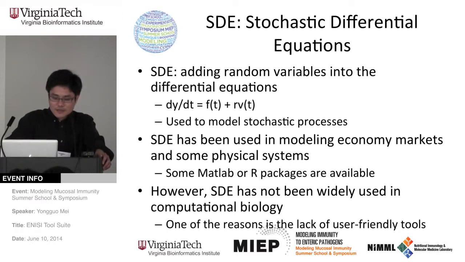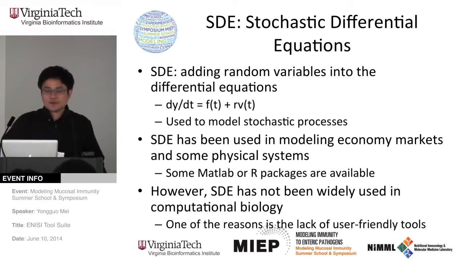That's stochastic differential equations. You can see the first part, dy/dt equals f(t). That's just an ODE, right? But if you add the stochastic term at the end, the randomness, a random variable, it's what in physics you can regard as noise, but here we can say it's a random process.